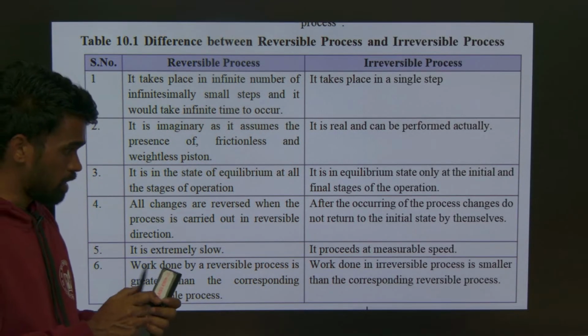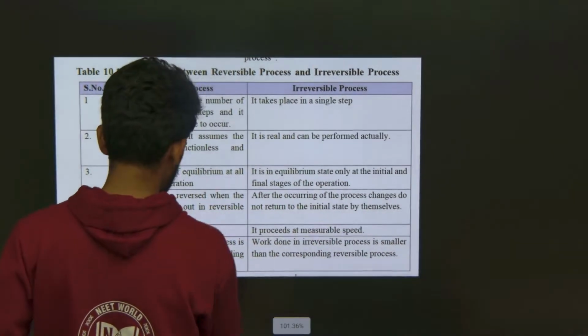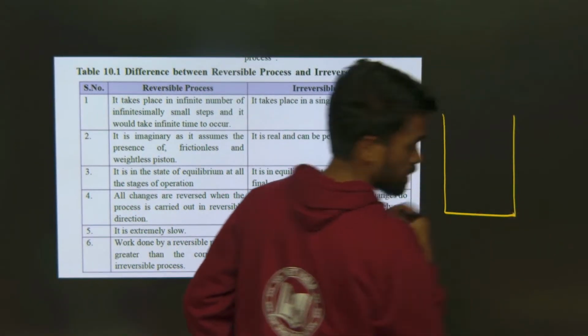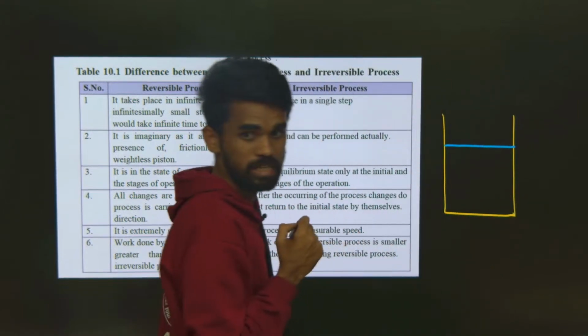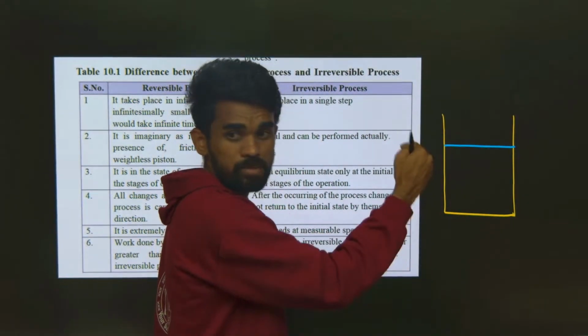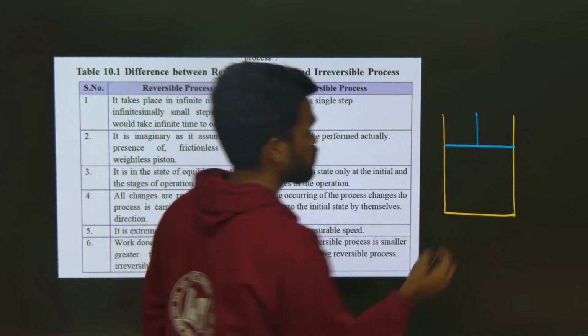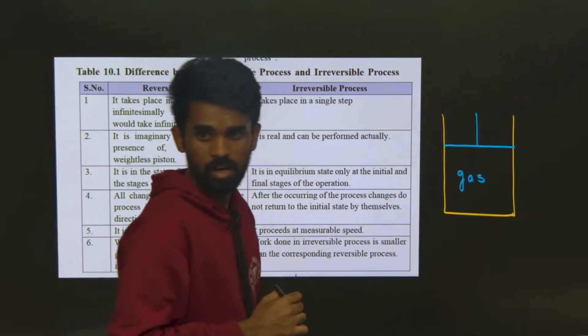See, for example, I have a system here, I have a cylinder here like this. To this cylinder we have one piston that can be moved up and down easily without any forces. So here I have some gas inside this cylinder.